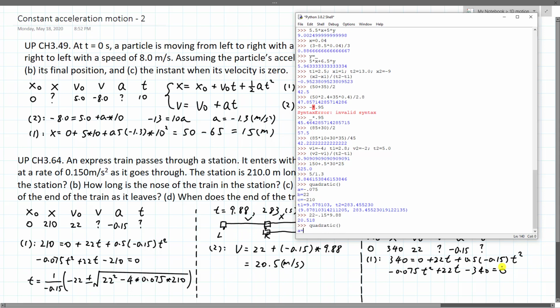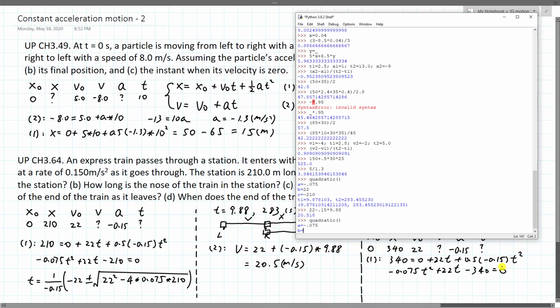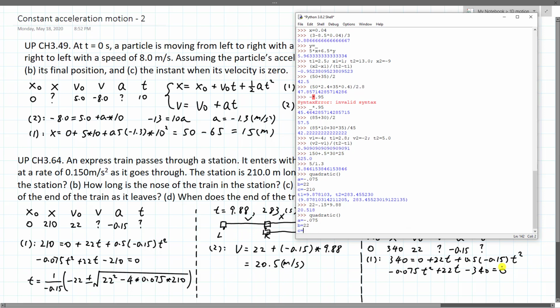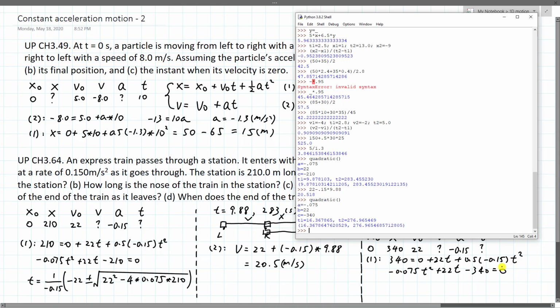So let's call that up. Now we can type: minus 0.075, and 22, minus 340. And I bet two different answers. That's the same thing here.